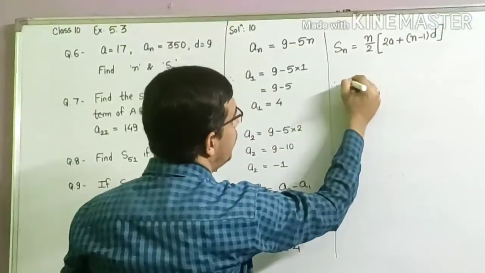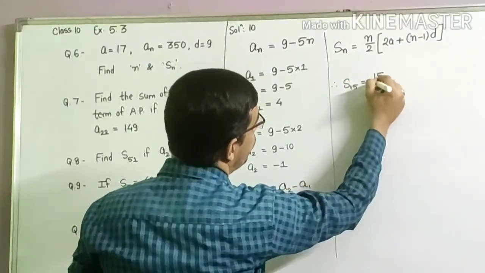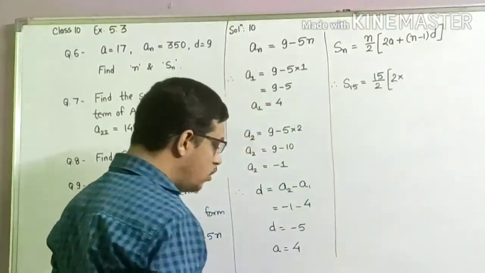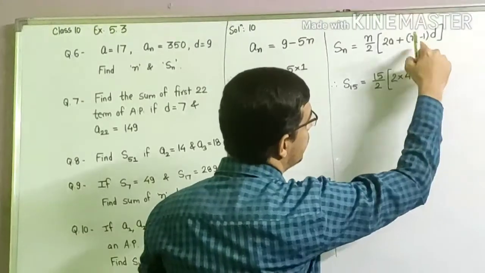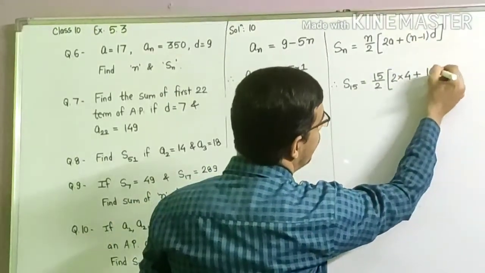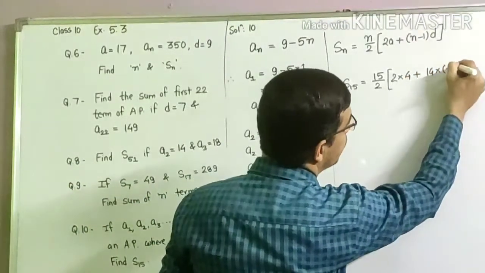So therefore S15 is equal to 15 by 2 into 2 times the value of a, which is 4, plus n is 15, 15 minus 1 will be 14, and the value of d is minus 5.